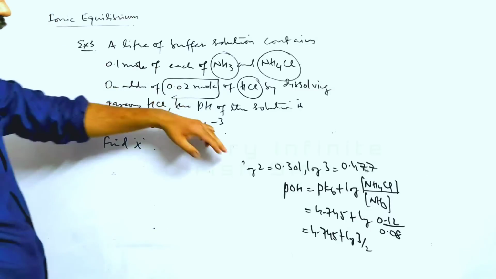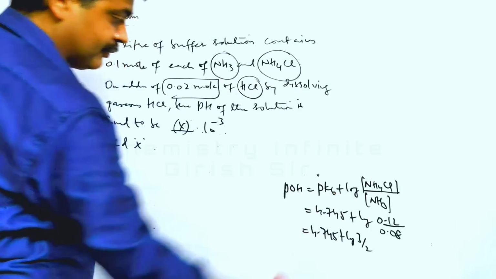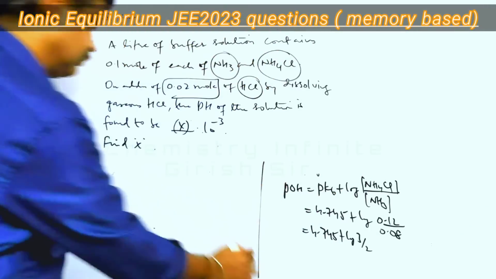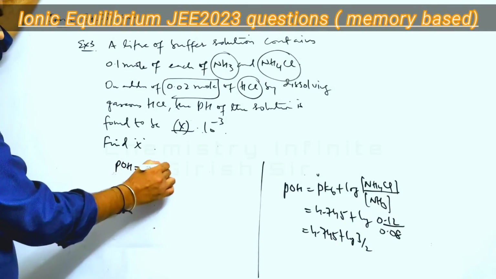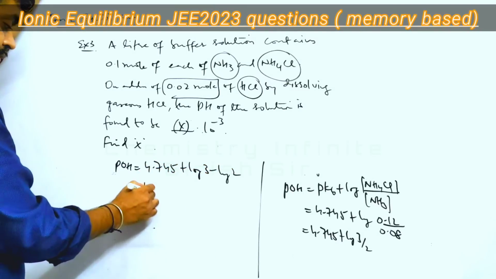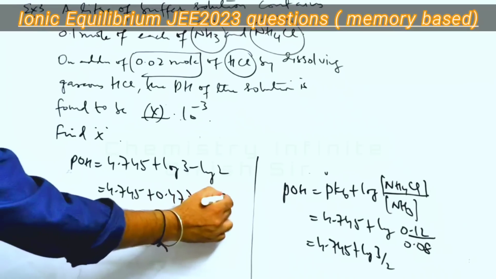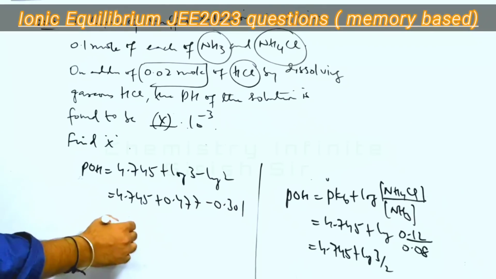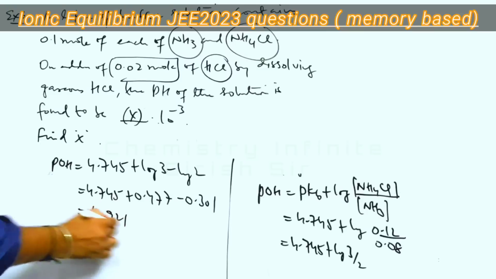See, the values of log are given in the question, so we'll have to substitute these values. I can now write this as log 3 minus log 2. The rest is calculation, not difficult.